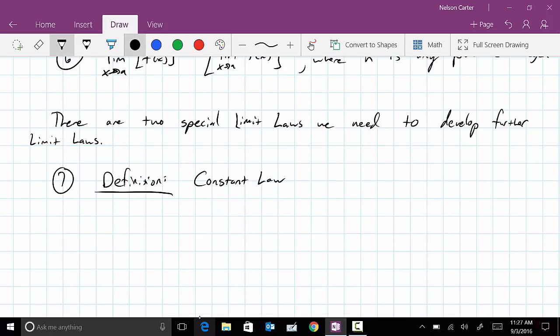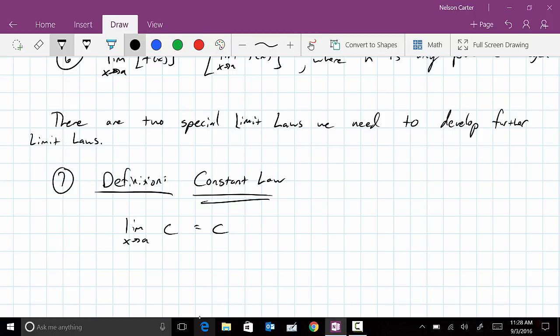It says that the limit as x approaches a of just a constant c, remember earlier at the very beginning when we were first defining all these laws, we said that c was a constant, is just equal to that constant. Now there's a real easy proof for it, but intuitively this should make sense.